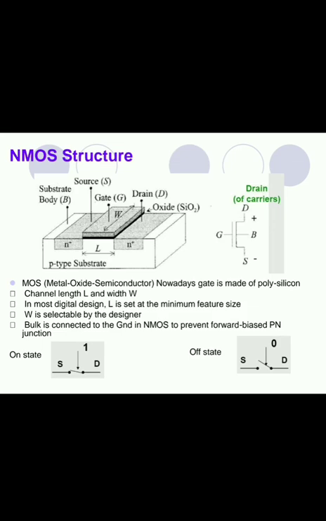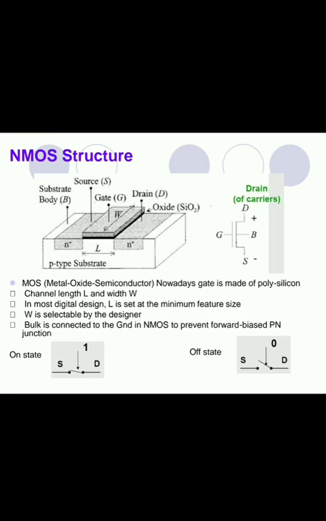For that you will require its width and length. W by L into VGS minus VT square. They will give all the values and they will ask to calculate the value of drain current. For that you will require that formula.